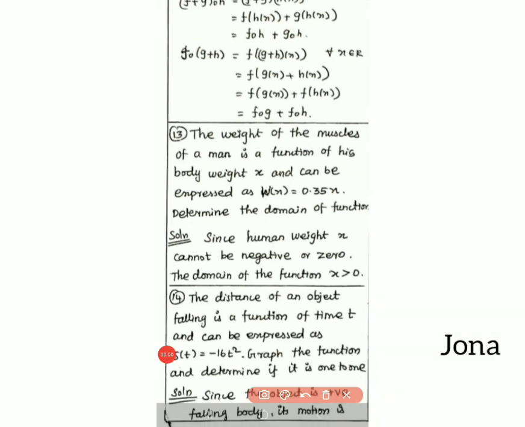Okay. 14th sum. The distance of an object falling is a function of time t and can be expressed as s of t equal to minus 16t square. Graph the function and determine if it is 1 to 1. The given function is s of t.